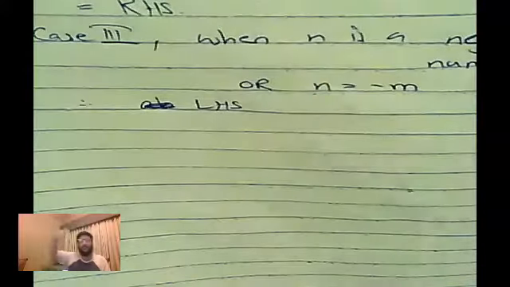You can write this as like that. Therefore, we will only talk about the left hand side, and then we will convert it into the right hand side and prove that they are equal. (AB) whole raised to the power minus m. This also means (AB) whole raised to the power minus 1 multiplied by m.